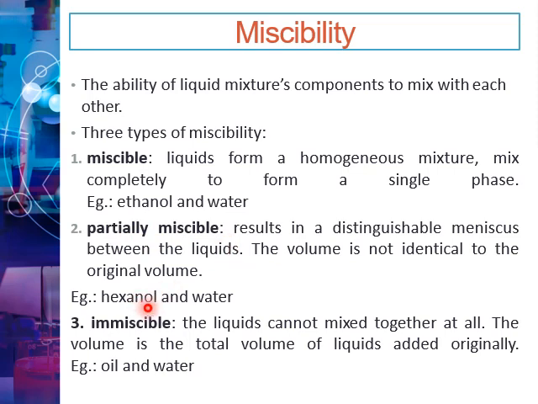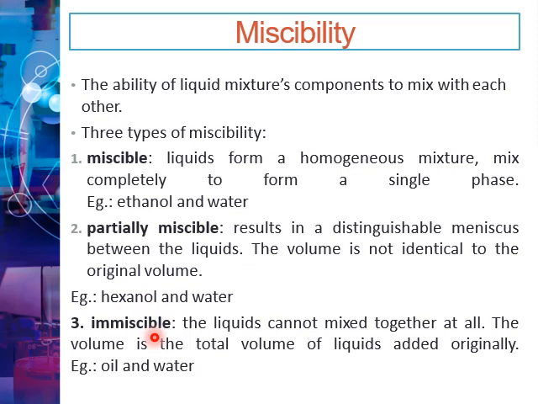Both contain OH, but they are not entirely miscible, not like ethanol just now. Ethanol has a lower carbon number, so it can mix easily with water. But hexanol has C6, which is quite complicated. Though it can mix with water, it will not mix completely. They do not completely mix together. That's why it is only partially miscible.